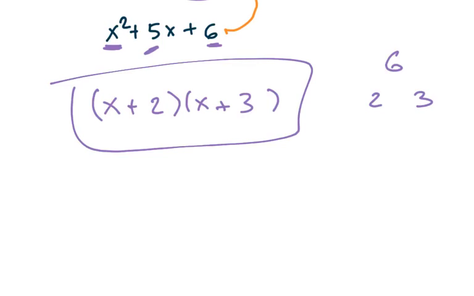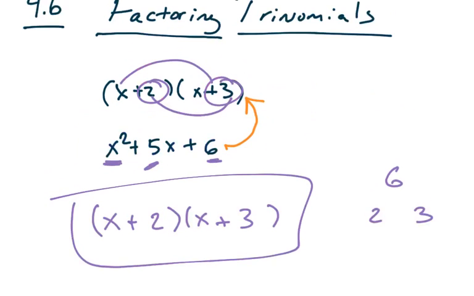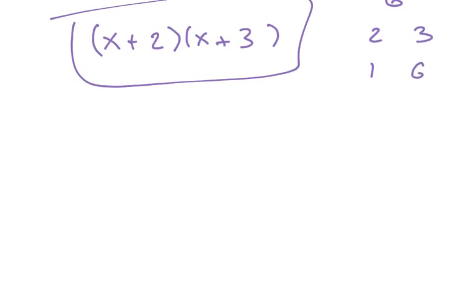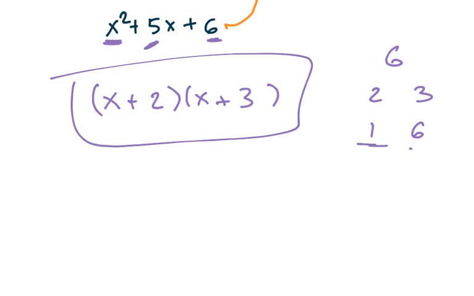Notice here I chose 2 and 3 because that was the first thing, but I also knew from earlier that it had to be 2 and 3. But I could have chosen 1 and 6. And when that happens, I realize 1 plus 6 is not going to get me to 5, but 6 minus 1 is. So I could have tried 6 and 1. The problem with 6 and 1 is that the only way to get to 5 is by subtracting, right?